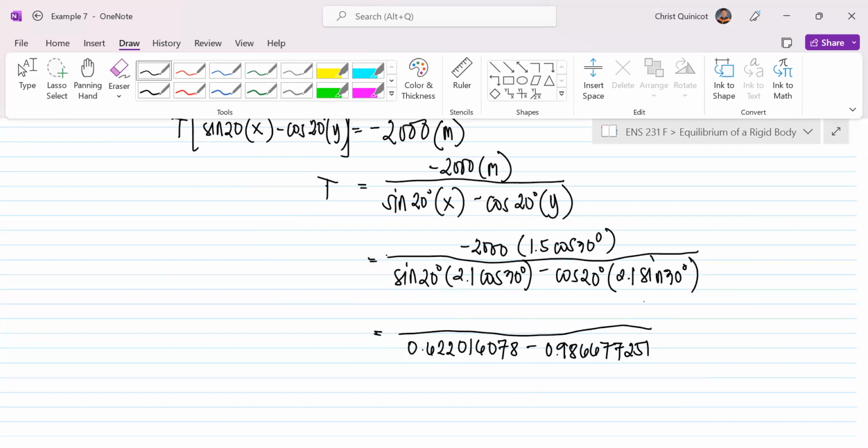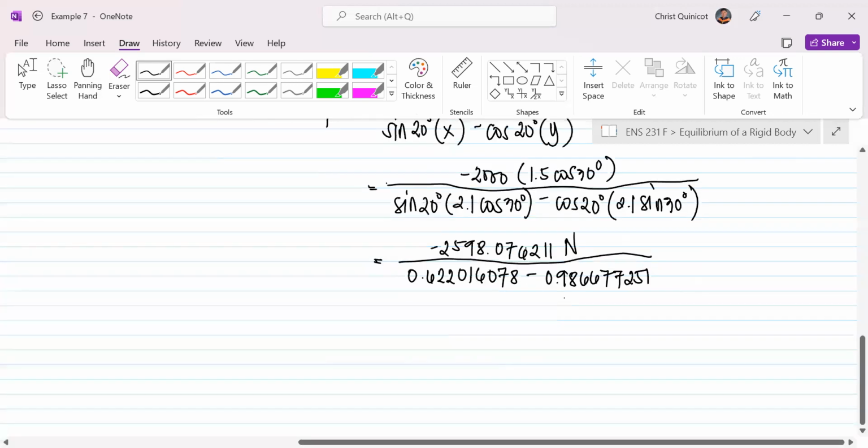And our numerator would be 1.5 cosine 30, that's 1.299, times negative 2,000, and that is negative 2,598.076211, and that is in Newton.